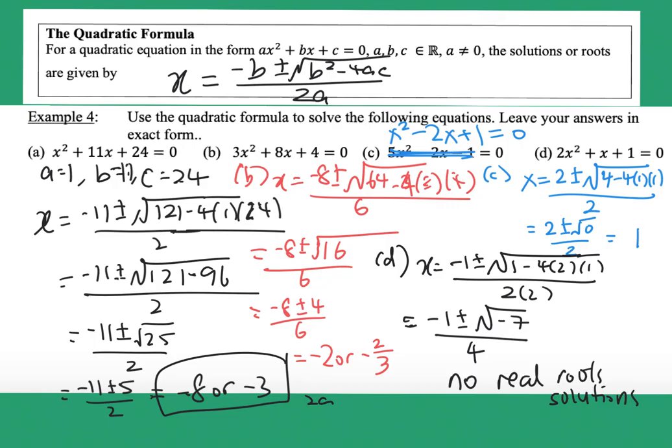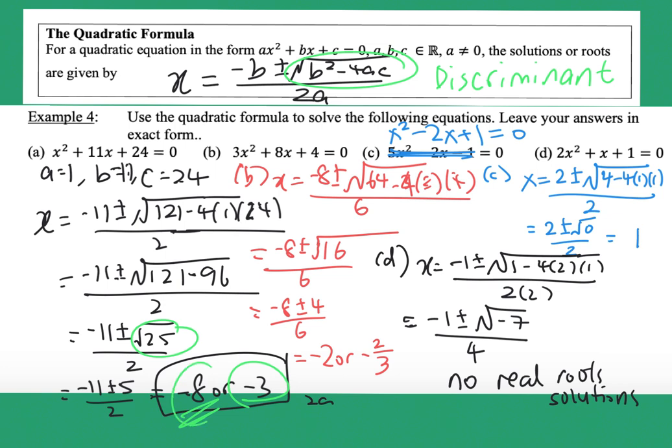Okay, so for now, let's look at what happens to the value underneath your square root symbol. We call it the b squared minus 4ac, the discriminant. When your discriminant is, say, 25 here, which is positive, you see that we have two possible answers.